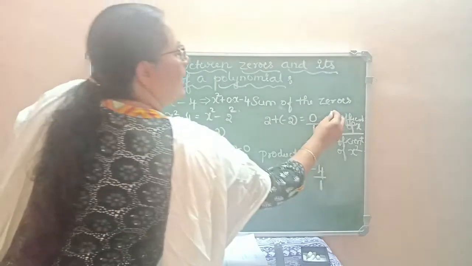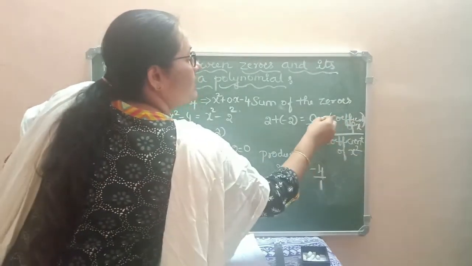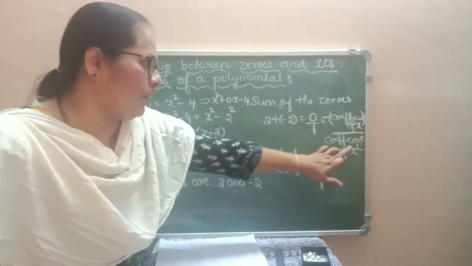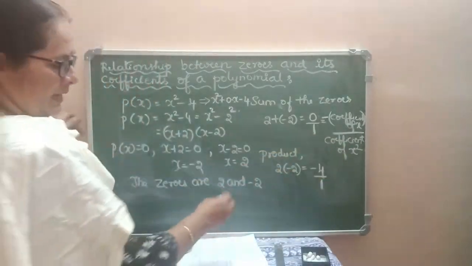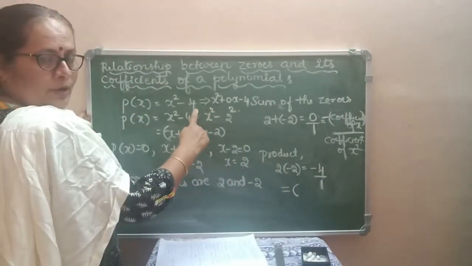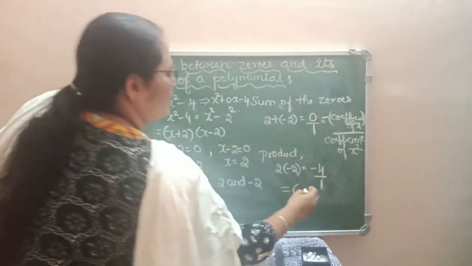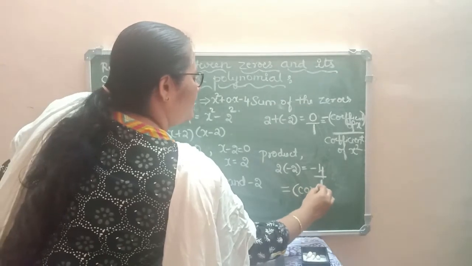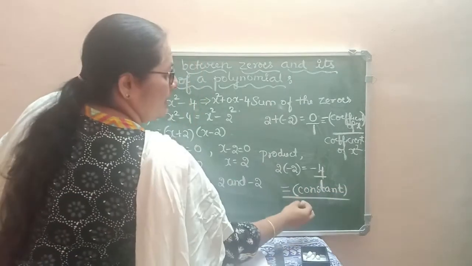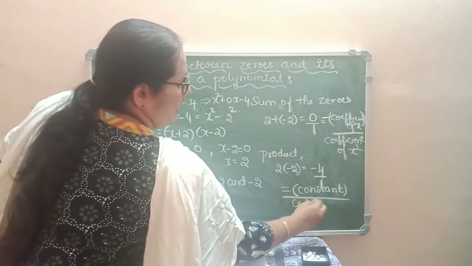So this we can write as, 0 has no sign, so minus of coefficient of x upon coefficient of x square. Here, what is minus 4 in the given polynomial? It is a constant term. So constant term divided by coefficient of x square.